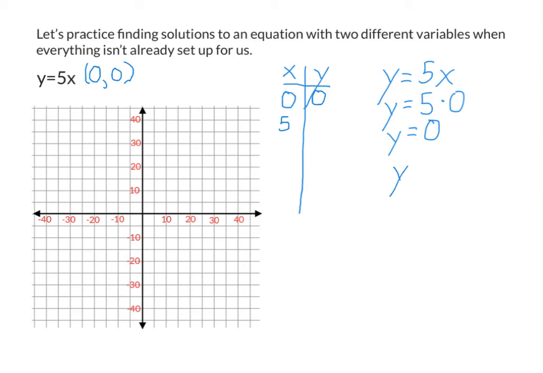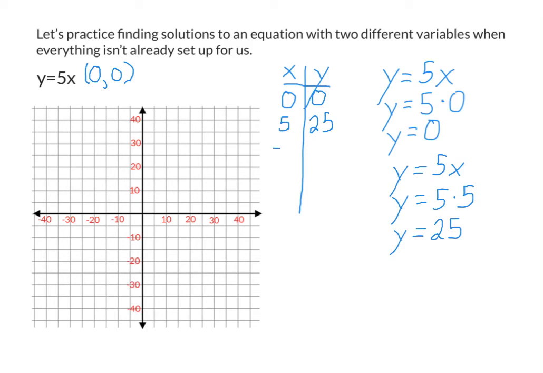Going back to my original equation, y equals 5x. Now substituting 5 for x, y is equal to 5 times 5. And 5 times 5 is 25. So when x is a positive 5, y is positive 25.